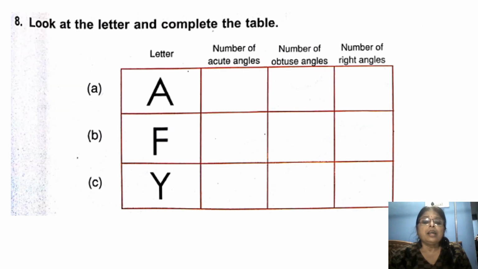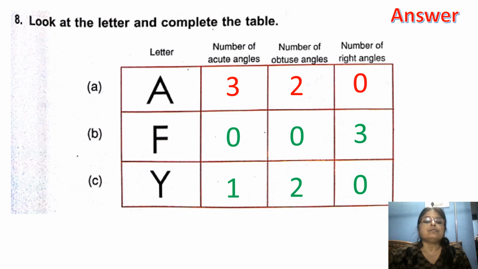Students, in this question some letters of the alphabet are given and you have to write the number of angles in the following letters. So A, F, Y are given here and you have to write the number of acute angles, obtuse angles and right angles. Now students, in letter A, how many acute angles are there?